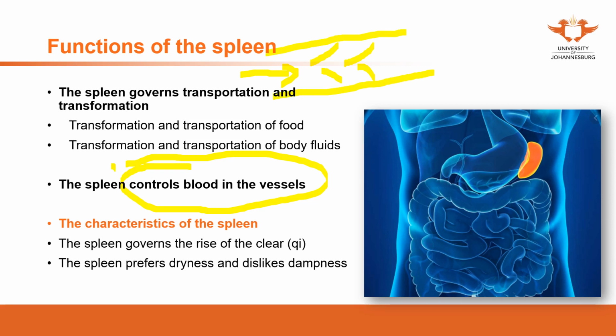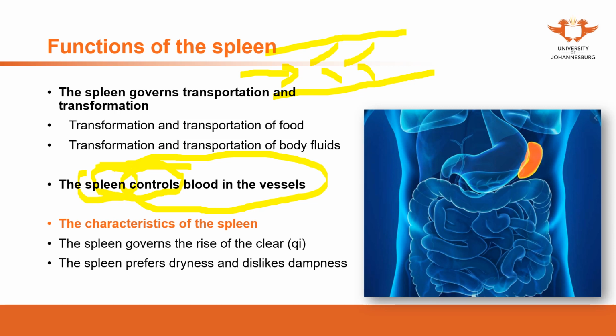The spleen controls the blood, especially the blood in the lower part of the body. For example, bleeding in the legs, muscular bleeding, or bleeding in the urine or stool. In this situation, we will think that's the spleen's function, controlling the blood in the vessel.